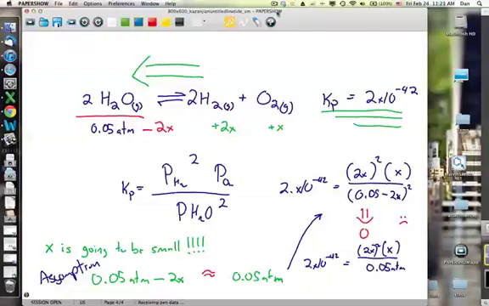This can be rearranged and simplified to the following, which means that we can very easily rearrange and solve for x. So if we do this, it turns out that x would equal 3 times 10 to the minus 15th atmospheres.